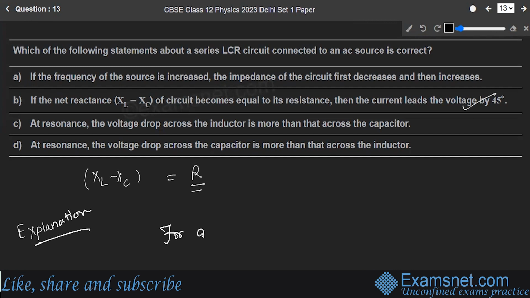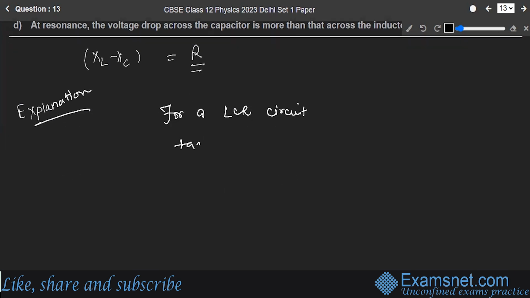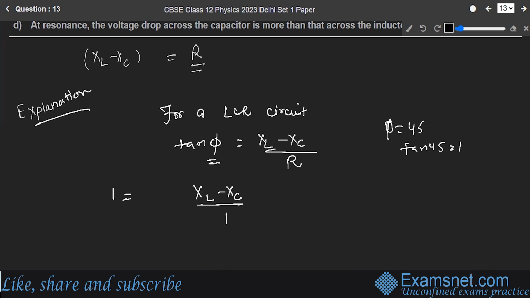For an LCR circuit, you have tan phi is equal to XL minus XC upon R. In this particular case, tan 45 is equal to 1. If I take phi as 45, this is 1. So XL minus XC upon R is 1, or R is equal to XL minus XC.